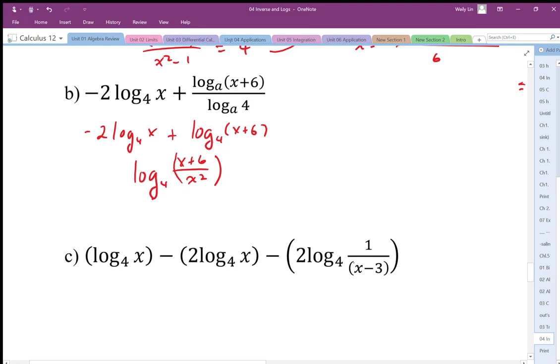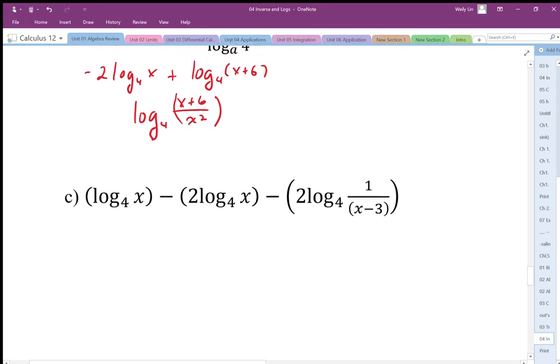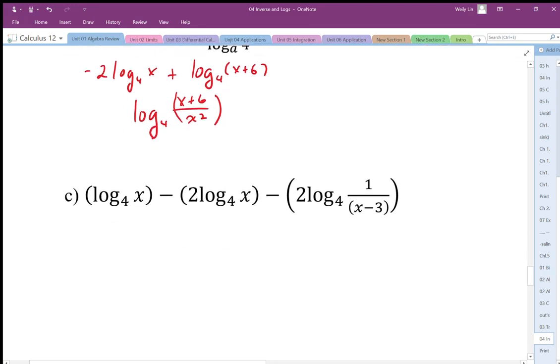Here, same thing, I need to make sure I have a common base, and use log properties. So I'm going to combine these. The negative logs are divide. The positive logs are times, so positive logs are in the numerator. I'm going to have the power of x in there. x to the power 2 is going to be in the denominator since it's negative.